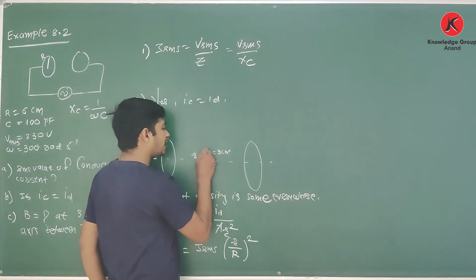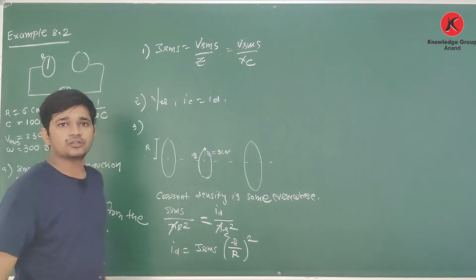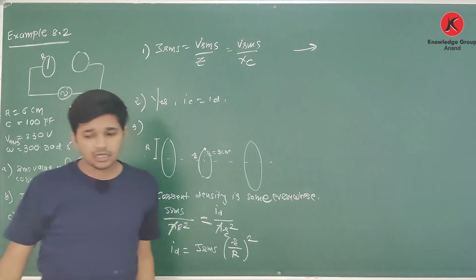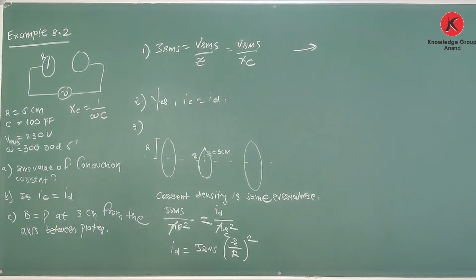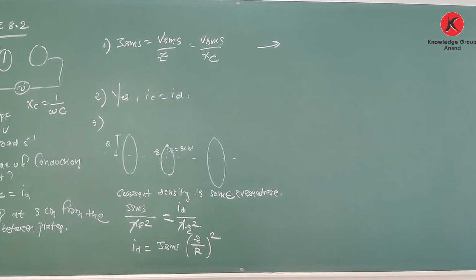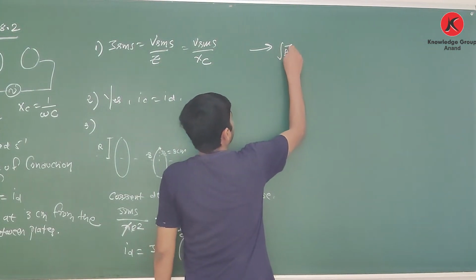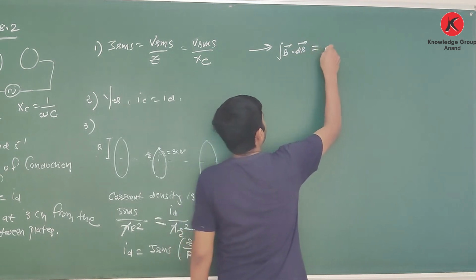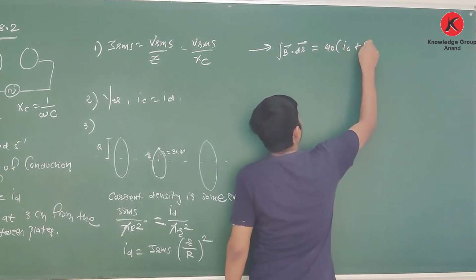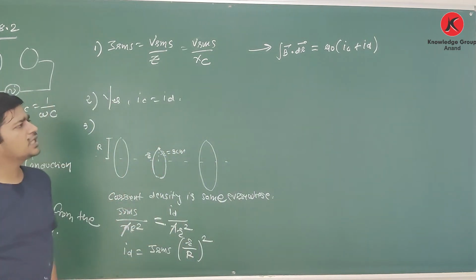Now as you have to find the magnetic field at this point, you have to take Ampere-Maxwell law. What is Ampere-Maxwell law? That you know. Integration B dot dl is equal to mu 0 (I_C plus I_D).